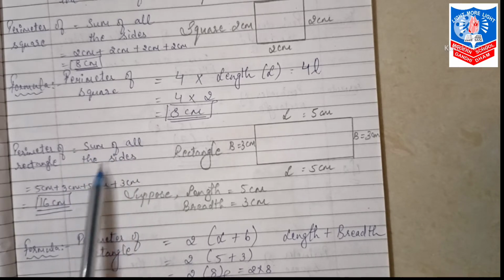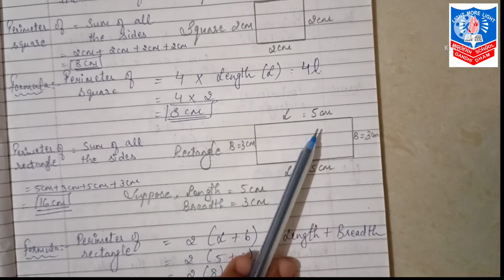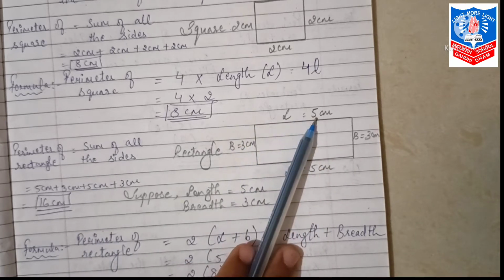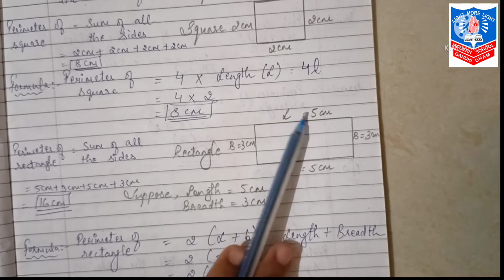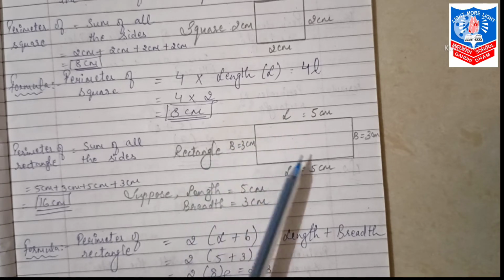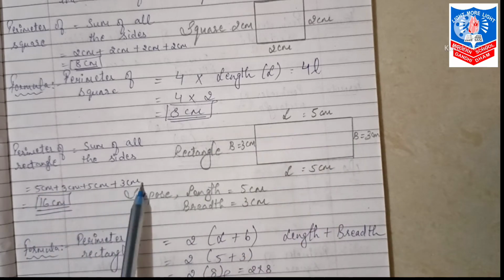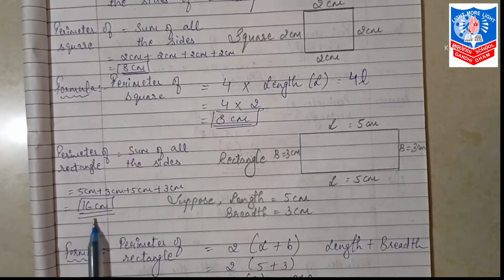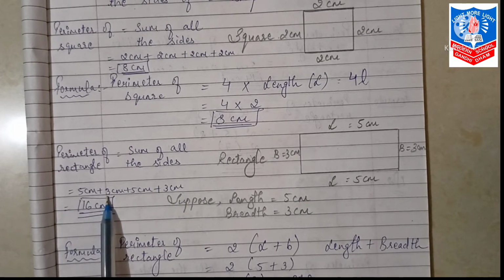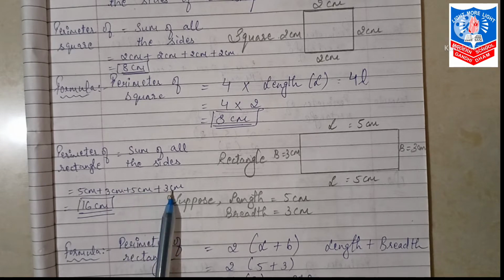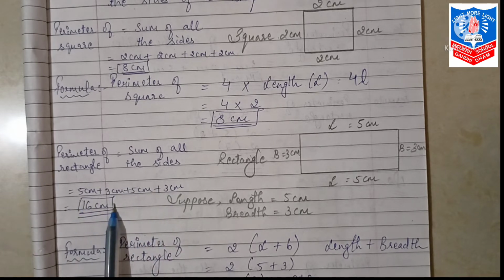That means again we are going to total all the 4 sides of a rectangle. So first 5 centimeter plus 3 centimeter plus 5 centimeter plus 3 centimeter, and the same step I have copied over here, as you can see. So the total will be 5 plus 3 is 8, 8 plus 5 is 13, 13 plus 3 is 16 centimeter.